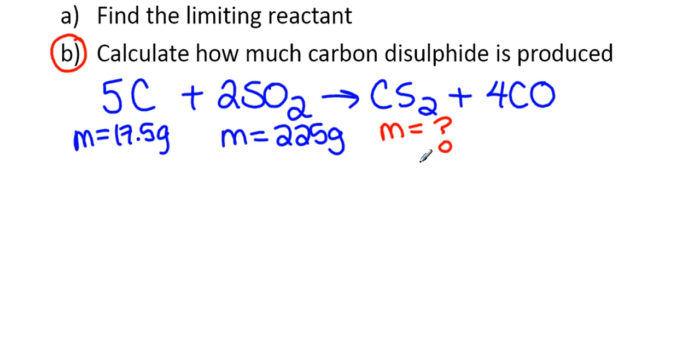If you remember back with the car parts, to figure out which one was going to run out first, we divided by the coefficient. We're going to do the same thing here, but first we have to change our masses into moles. Because coefficients are in molar amounts, this is not the same type of unit. So, part A, we want to find the moles for our reactants.